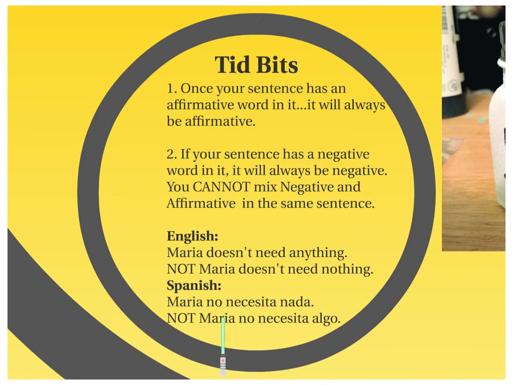But in Spanish, directly translated, she doesn't need nothing. In English, she doesn't need anything. We would never say, Maria no necesita algo. She doesn't need something. That would be incorrect to say in Spanish. So negative word stays with negative word. Negative word does not stay with affirmative word. You cannot mix and match those.